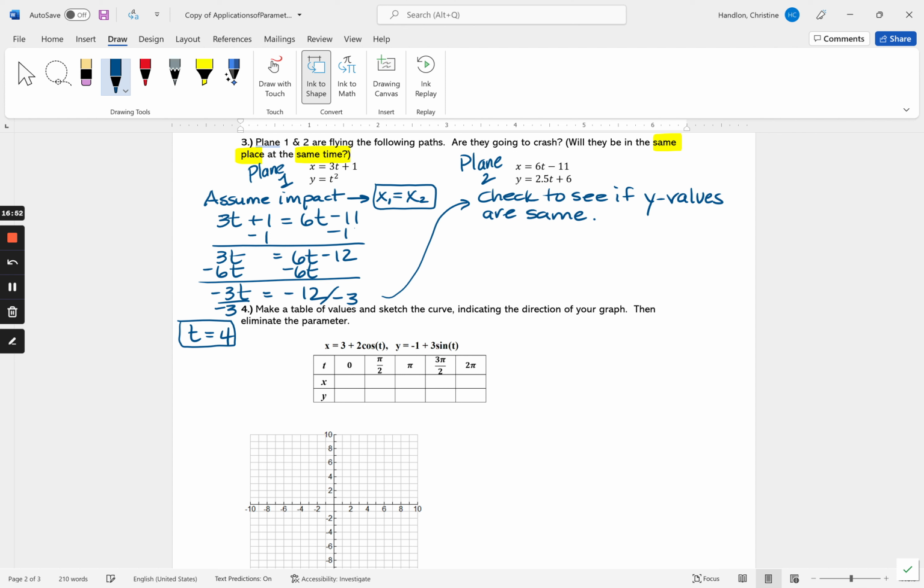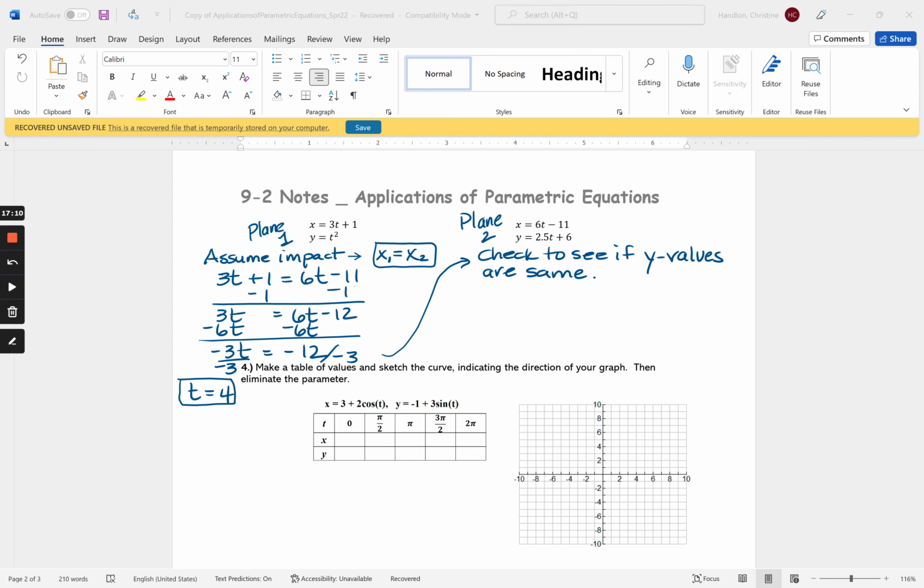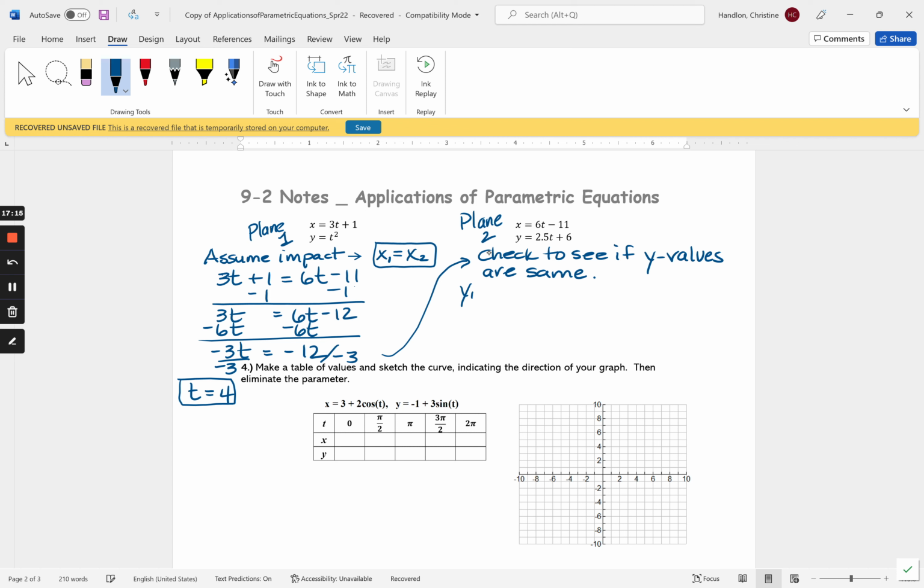So let's check. We know t is equal to 4. So let's calculate the y value location of plane 1 by substituting t equals 4. So y sub 1 of 4, 4 seconds. We substitute that, and in this case it will be 4 to the second power, which gives us 16.